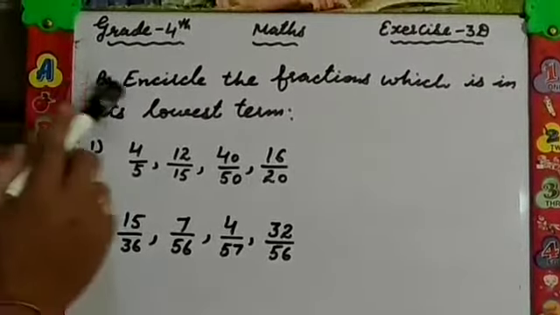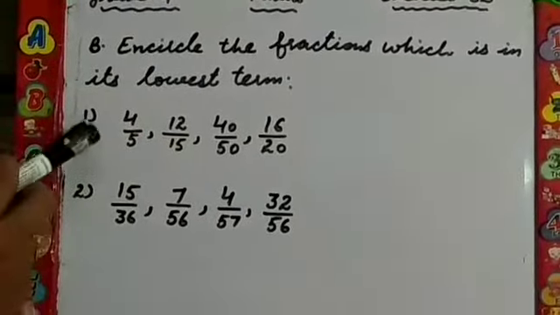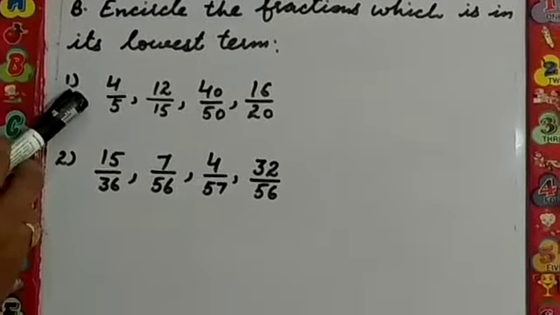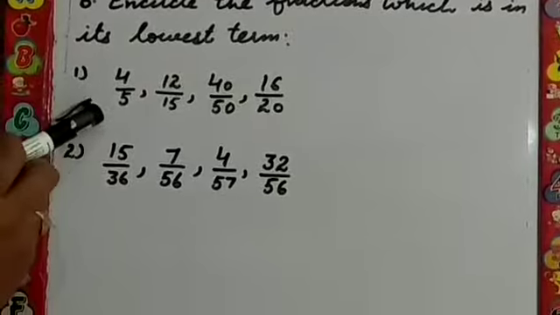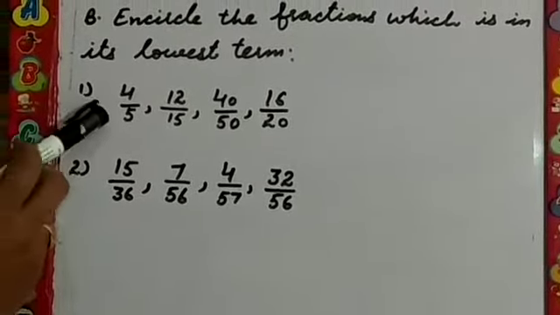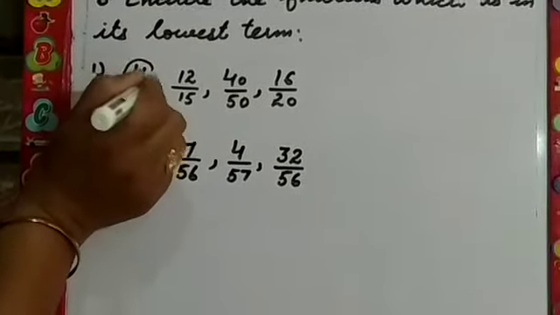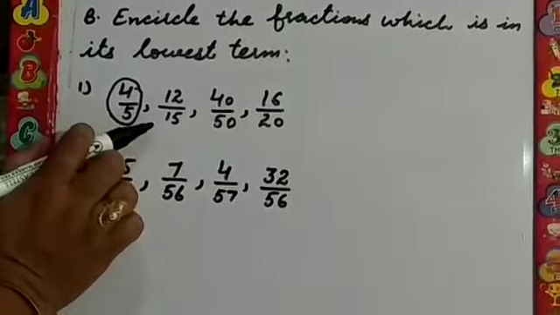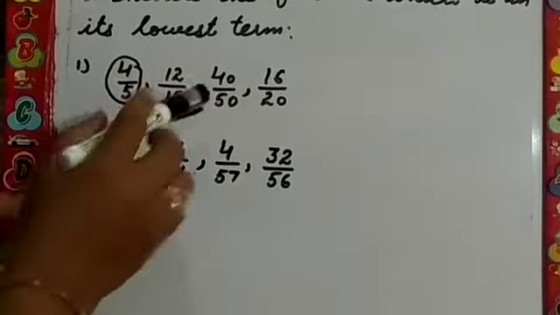Next question is: encircle the fraction which is in the lowest term. Now 4 fractions are given to you. We have to check which fraction is in lowest form. 4 by 5, is it divisible by any common number? No. So it means 4 by 5 is in its lowest form. 12 by 15, yes, 12 and 15 both are divisible by 3. 40 and 50, beta, both are ending with 0.